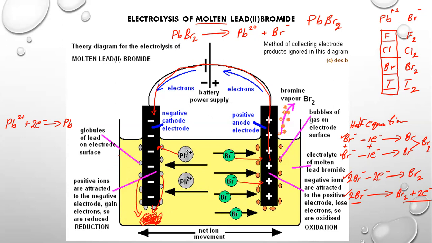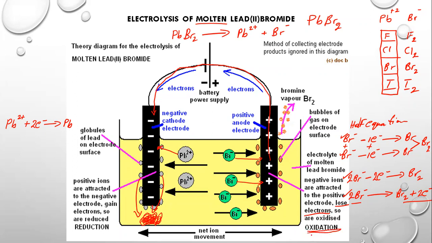Now, let's go back to the anode. At the anode, the bromide ion gave up its electrons. So its electrons are lost. Whenever electrons are lost, the process is oxidation.